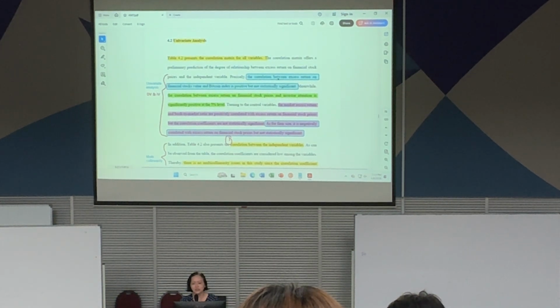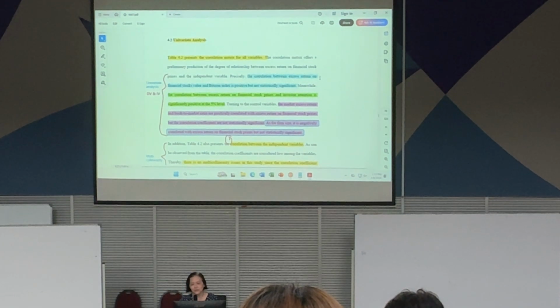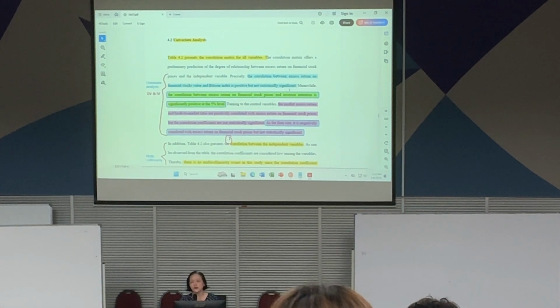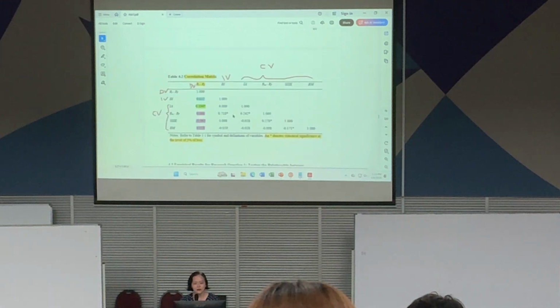The correlation between, I always put, doesn't matter whether DV and IV or IV and DV, but it's between, I put the full name. If you want to use symbols also okay, right? This first one is the DV, and then BI is Bitcoin index, the IV. It's positive, we saw positive, isn't it? But not statistically significant. That's all. And you see, simple only. Give you another example. The green one.